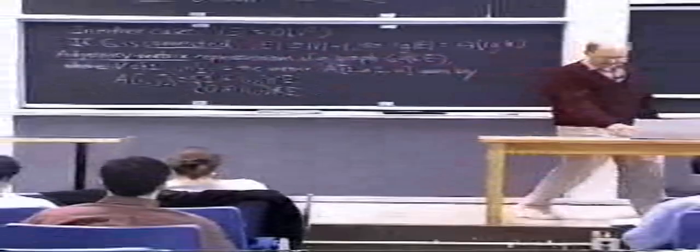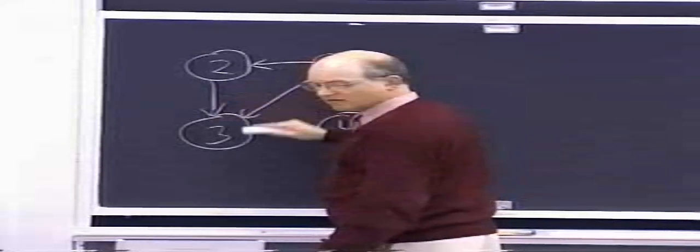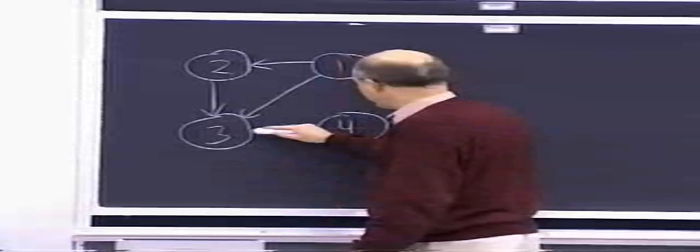Okay, and so for example, here's a simple graph where we have 1 going to 2. Okay, so this is a directed graph.